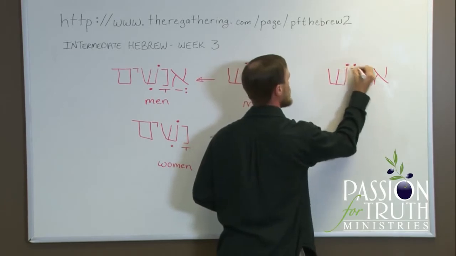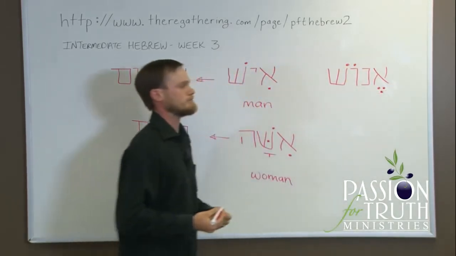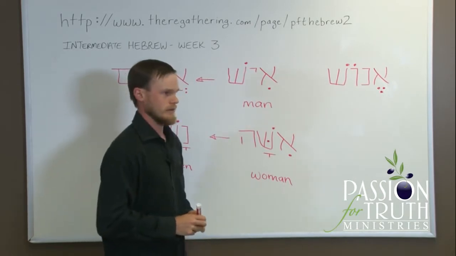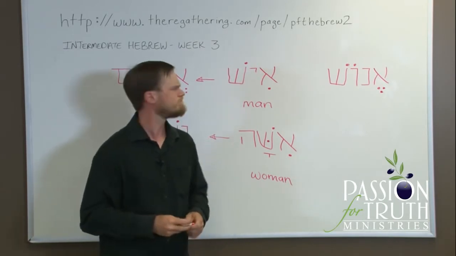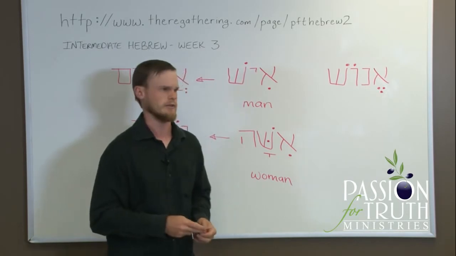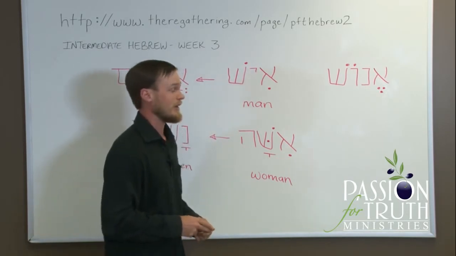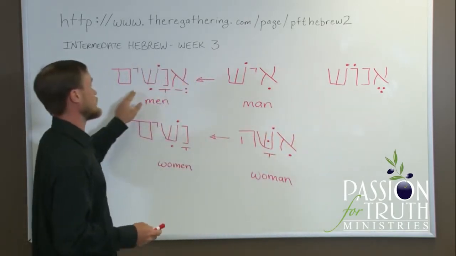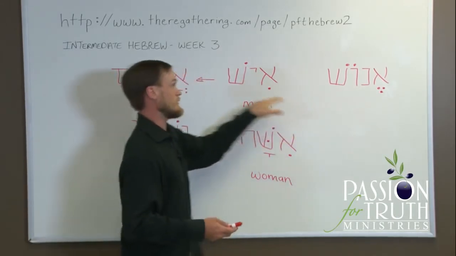Enosh is actually the name of someone in Genesis in the first genealogy given. It might be Seth's son, Enosh, or maybe his grandson. Anyway, very early on, one of the very first people is named Enosh, and it means man. So it's thought that perhaps this Anashim is hailing back to this other word for man instead of Ish.